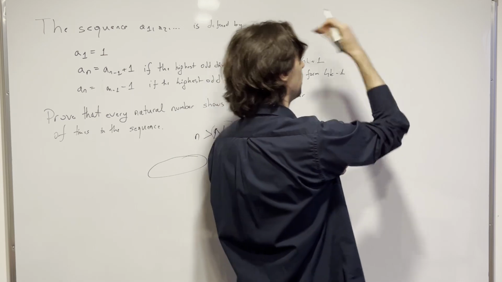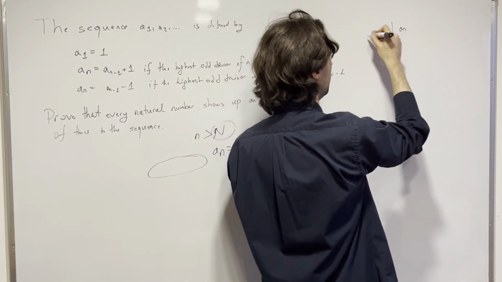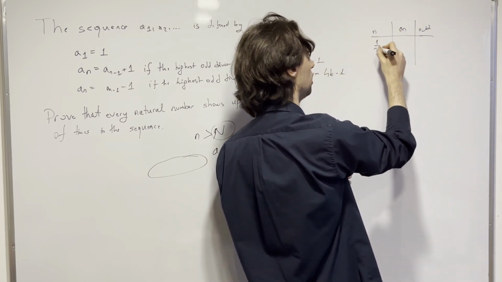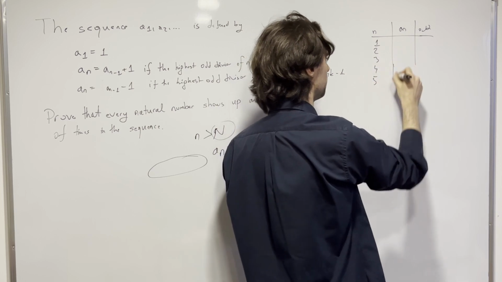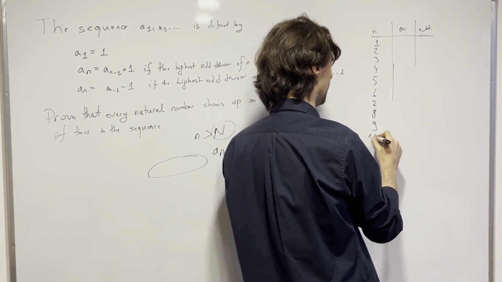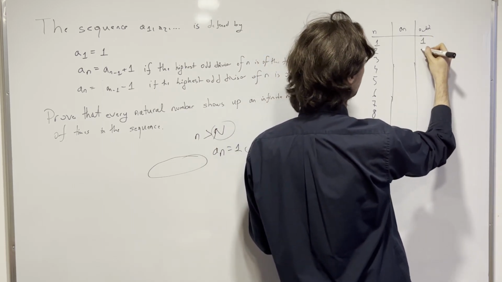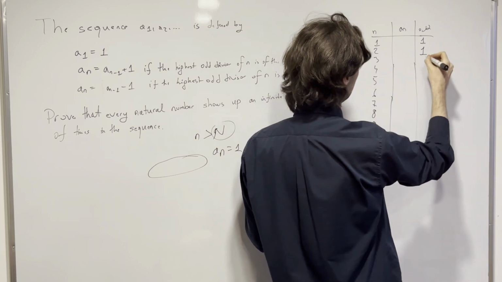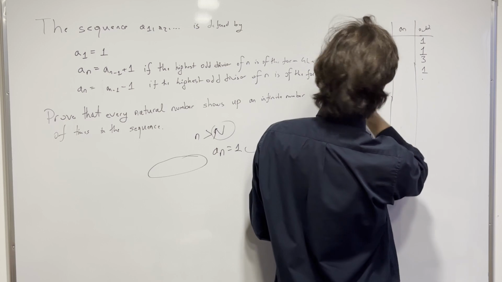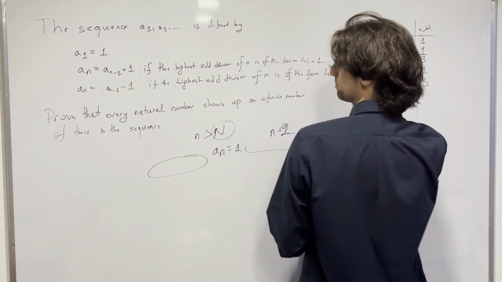So here's what I have. I'll have n, and a_n, and the odd divisor, just how I like. So for n is 1, 2, 3, 4, 5, 6, 7, 8, 9, 10. Let's just see how this goes. The odd divisor is 1 here, it's 1 again, it's 3, it's 1. Let's just say it's of the form 4k plus 1 or 4k minus 1.